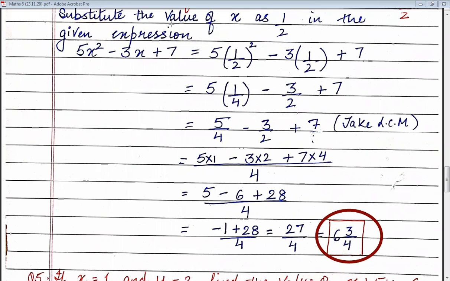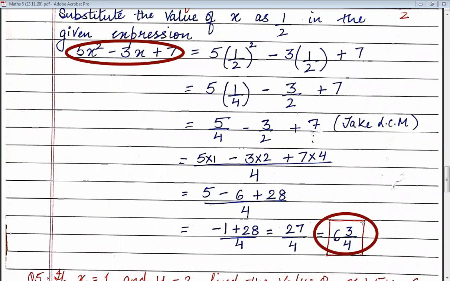So the algebraic expression value is 6, 3 upon 4. What is the value of this expression? 6, 3 upon 4. So I hope you are clear with the substitution method.